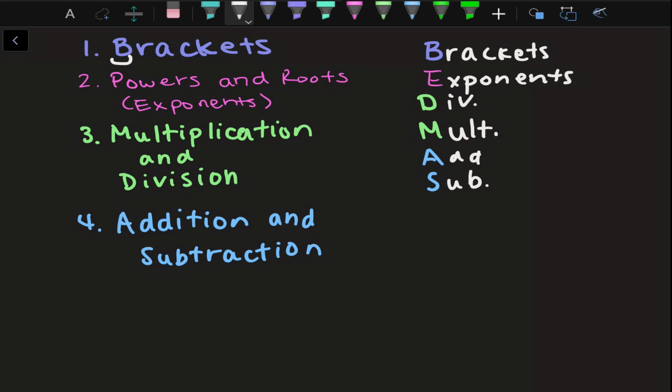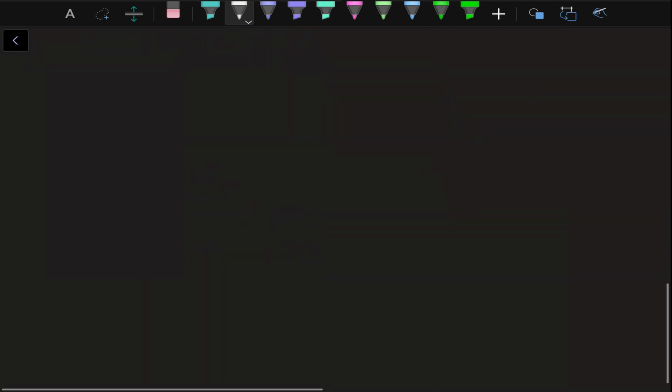Okay, so if we go to another example, let's say we have 8 minus 2 times 4 plus 9. Okay, so rule of thumb would be to use brackets to split out what we are going to do first.